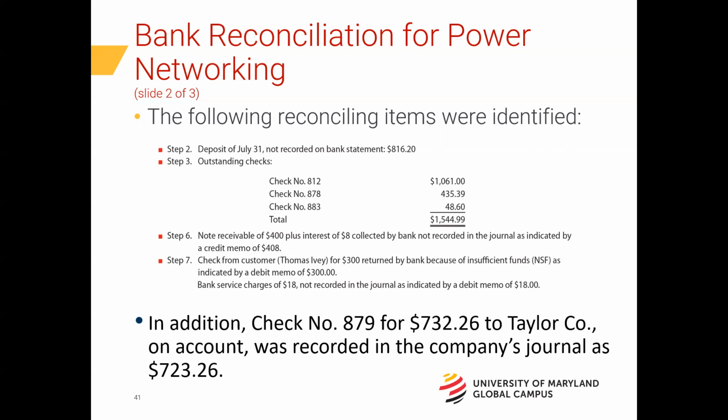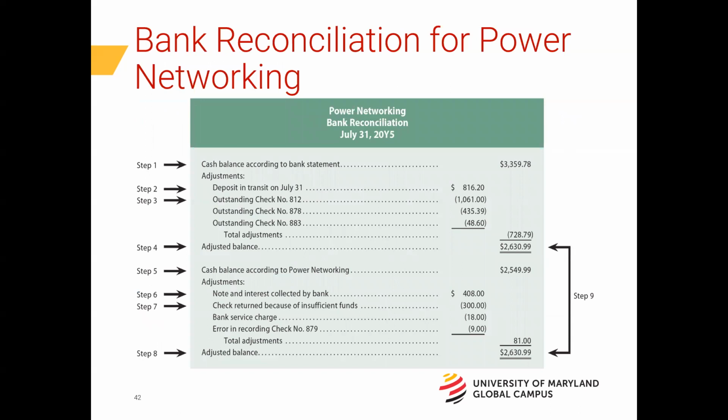We identified an NSF for a customer. So going through those steps and making those adjustments to the ledger through adjusting journal entries, we're able to then match our cash balance in our accounting system to what is on our bank statement. And that's what those steps represent.